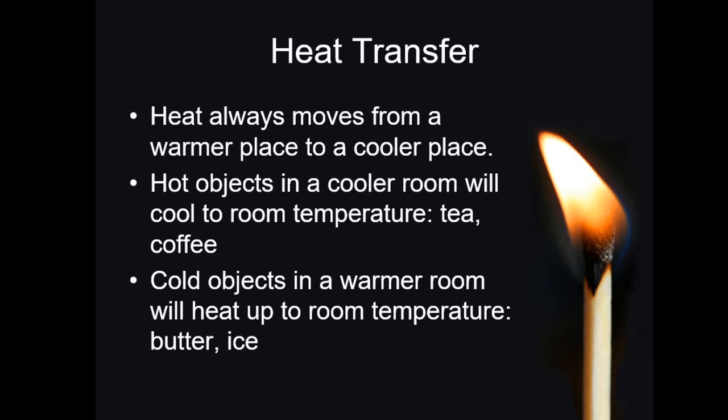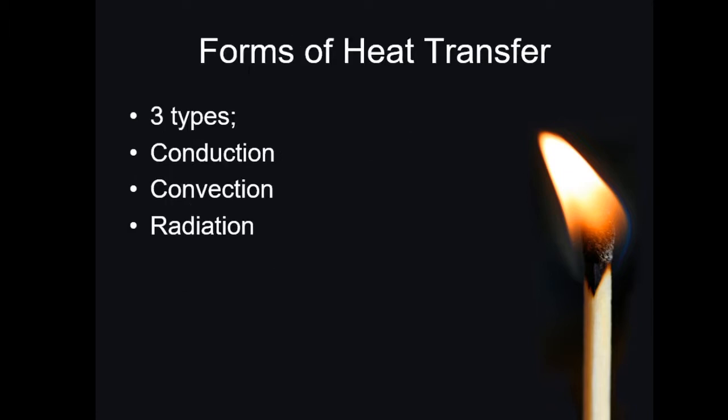And vice versa, if you have an ice cream, put it on your desk, in a few minutes, that ice cream will become liquid, right? So we have three types of heat transfer. We have conduction, convection, and radiation.